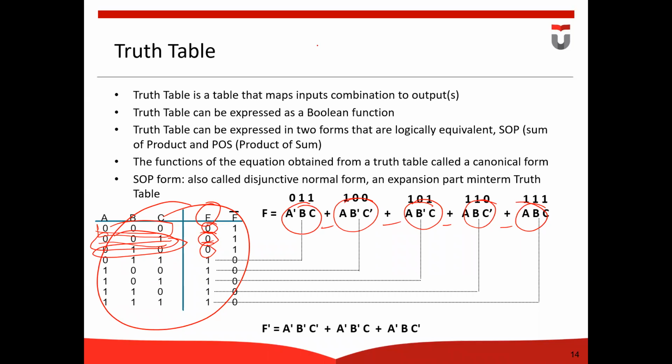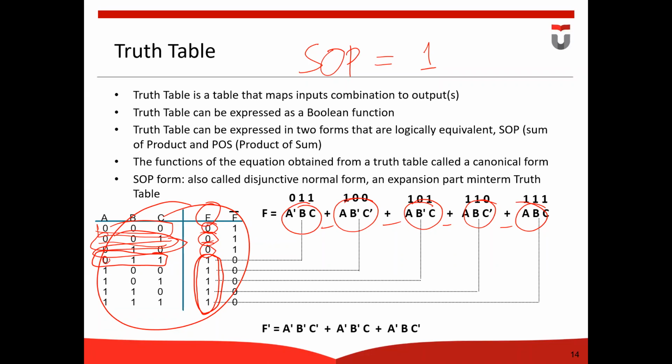In SOP, we try to find the output 1. Because the output 1 is in here, then we can represent this truth table by using all combination of the input when the output is 1.